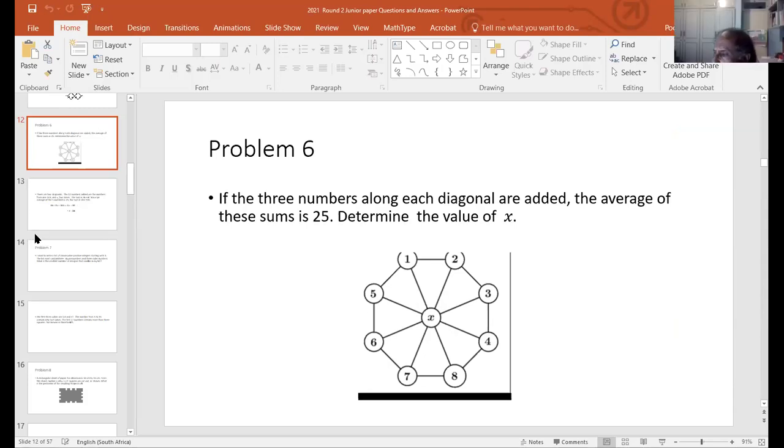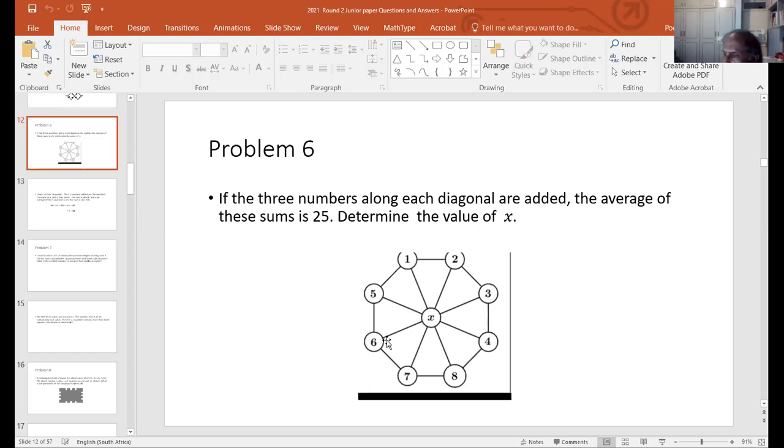All right. So yeah, you've got this Ferris wheel. Let's see. It says if the three numbers along each diagonal are added, well, how many diagonals are there? Looks as though there are lots of diagonals, but actually you've got one long one. If you count these two, which are perpendicular to each other, those are two diagonals.